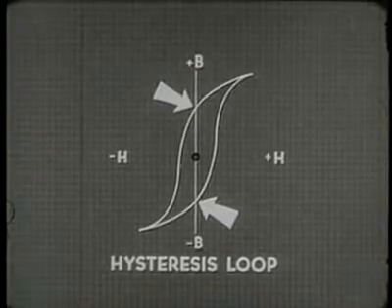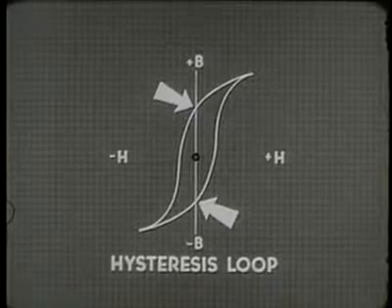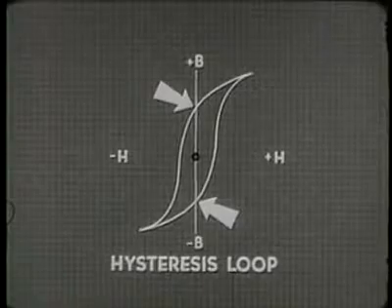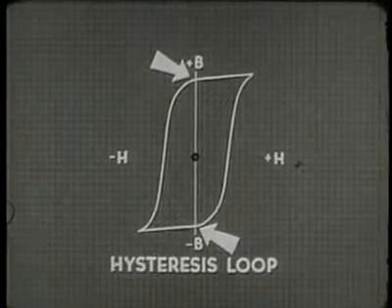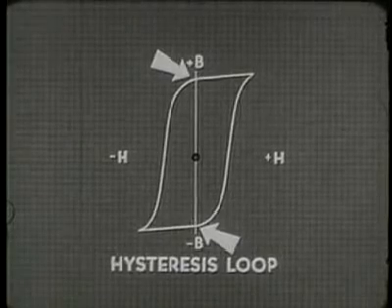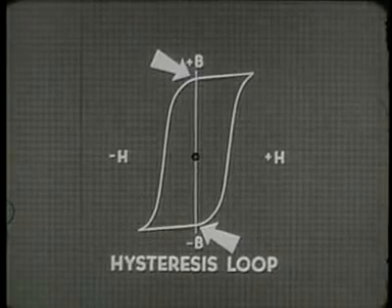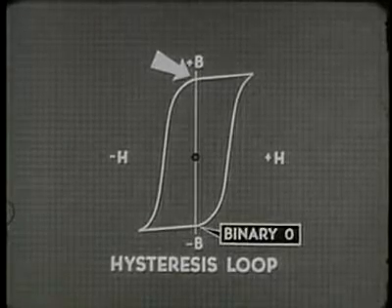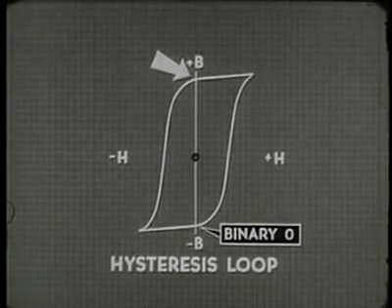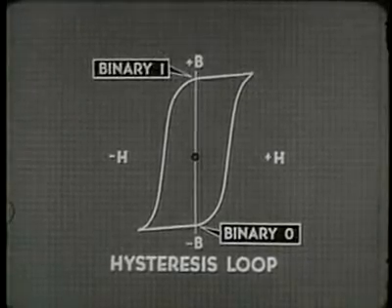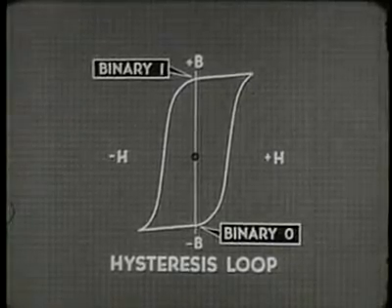A core of this type obviously requires less force during a switch from one state to the other. Rectangular loop, high residual magnetism, a greater amount of force needed. If a core with a rectangular hysteresis loop is in the binary zero state, we're going to have to apply a substantial pulse of non-dot current in order to set it to binary 1. A lesser pulse just won't make the switch.